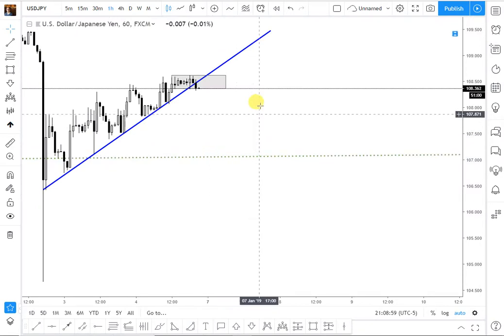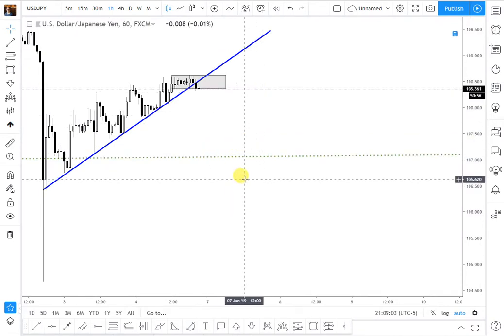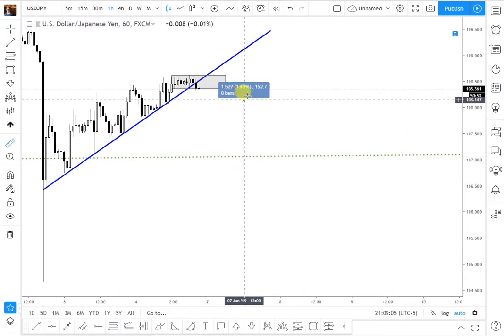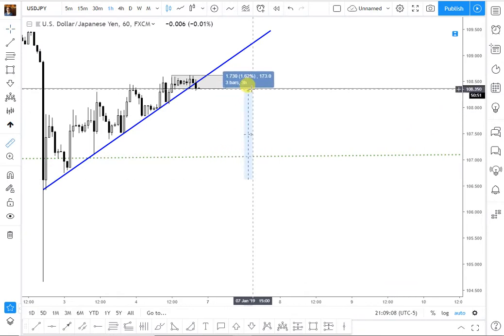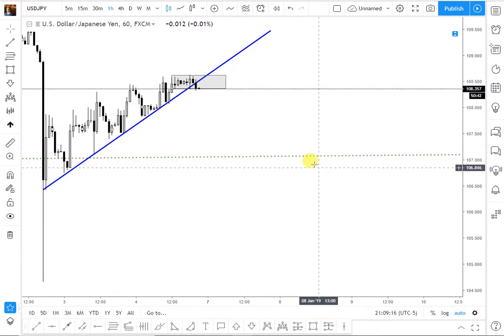And we will go ahead and short this pair, and our first take profit will be here. So we have around 170 pips take profit for 35 or maybe 40 pips stop loss, so it's almost 3 to 1.